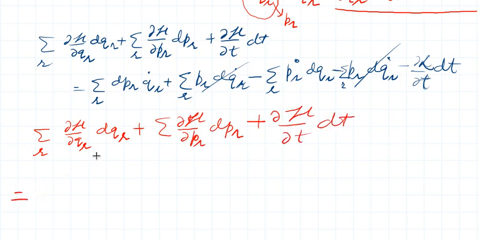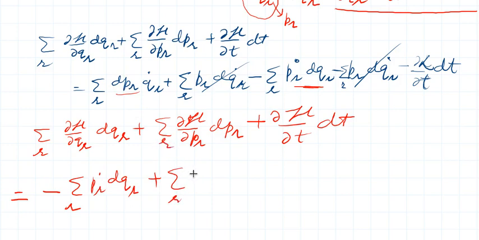It must be equal to the negative of summation over R PR dot dQR, plus summation over R QR dot dPR, minus curly L over curly T into dT.